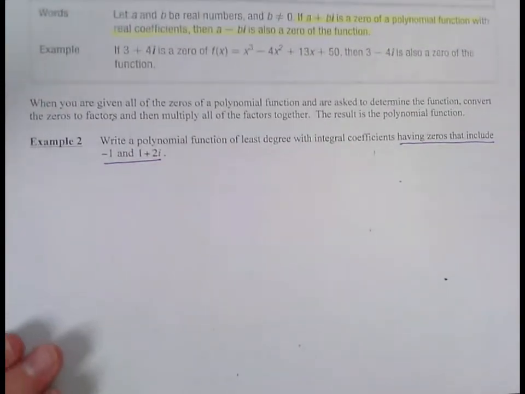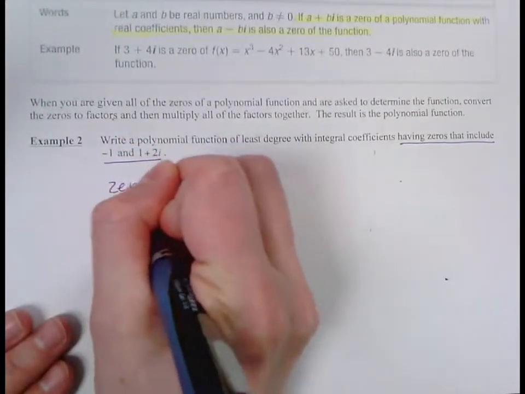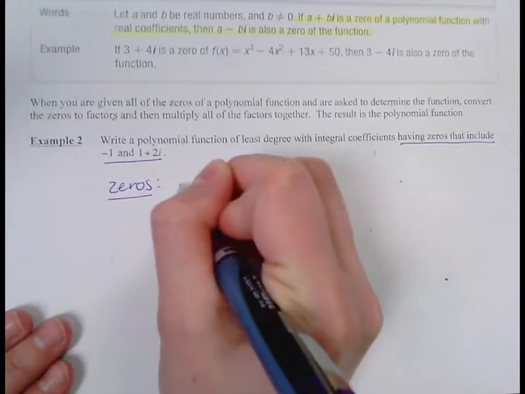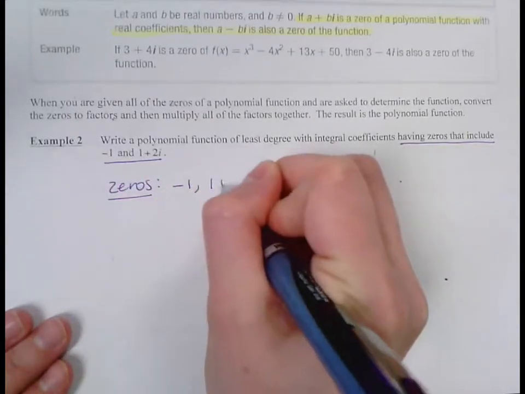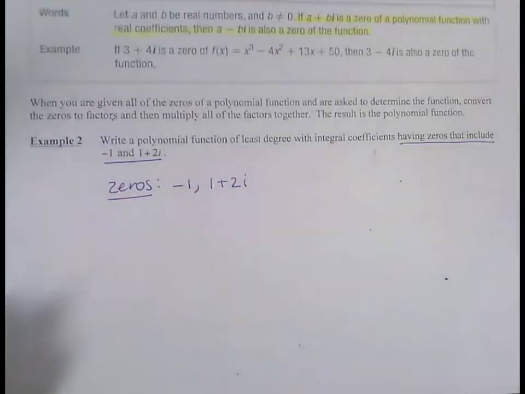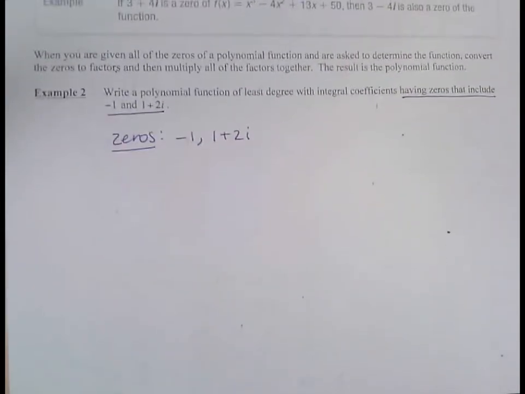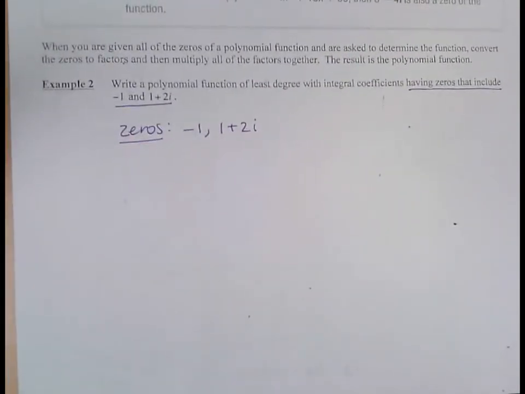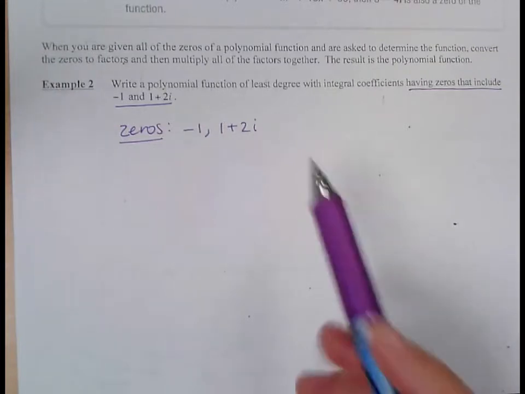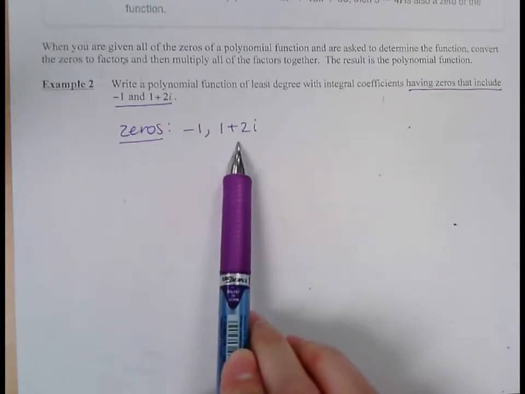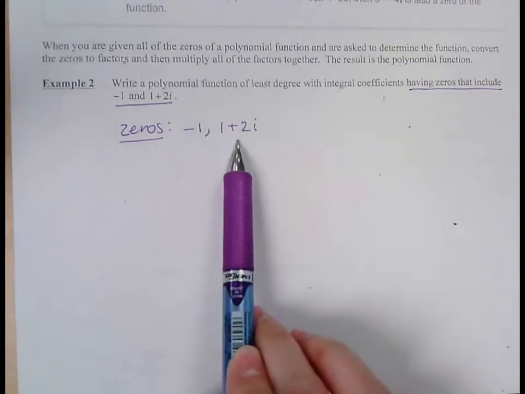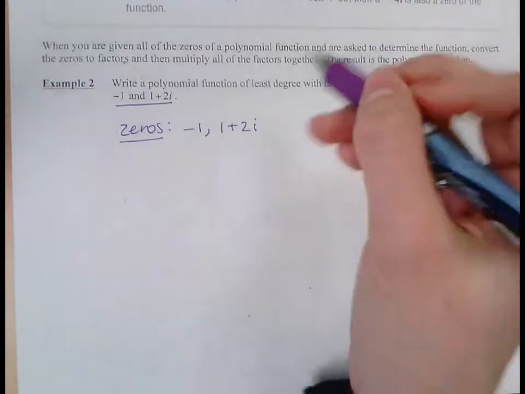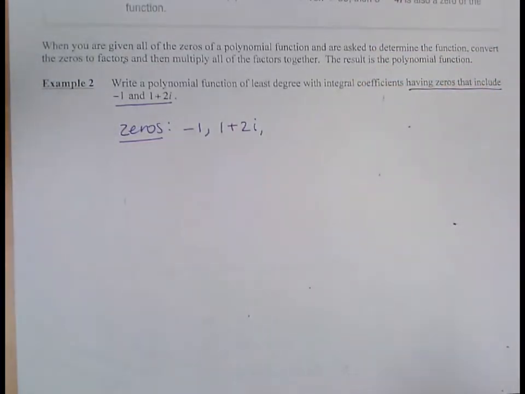Okay, so I'm going to take out that information. We are given that the zeros are -1 and 1 plus 2i. Here's where you need to know that if 1 plus 2i, since it's imaginary, is a solution or a 0, then its conjugate, which is not listed, is also a 0.